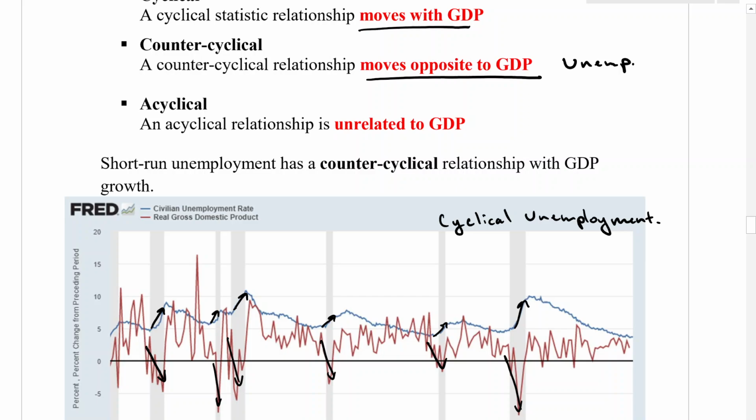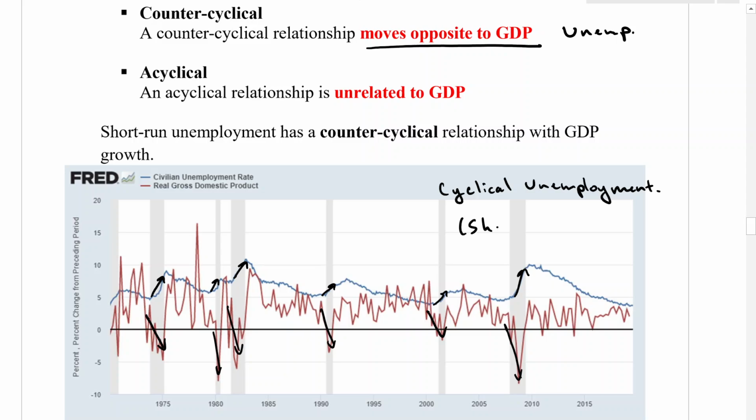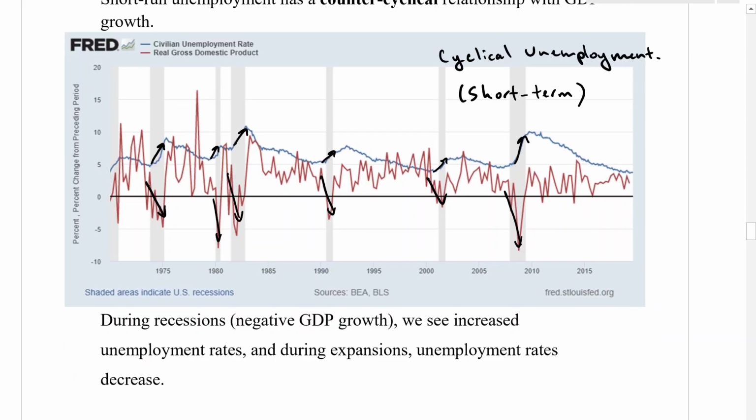This is how we describe fluctuations in unemployment in the short run. In the short run, we expect unemployment to move up and down with the economic cycles: cyclical unemployment.